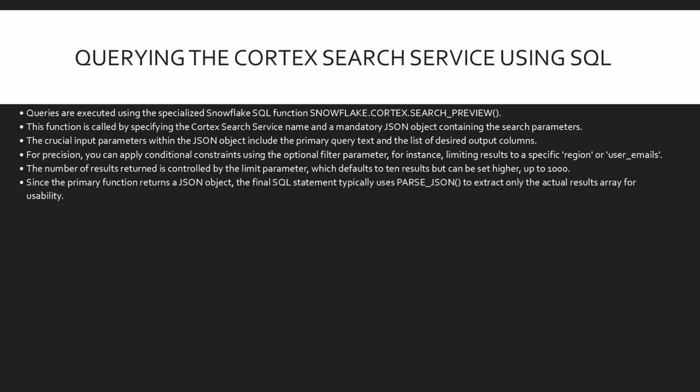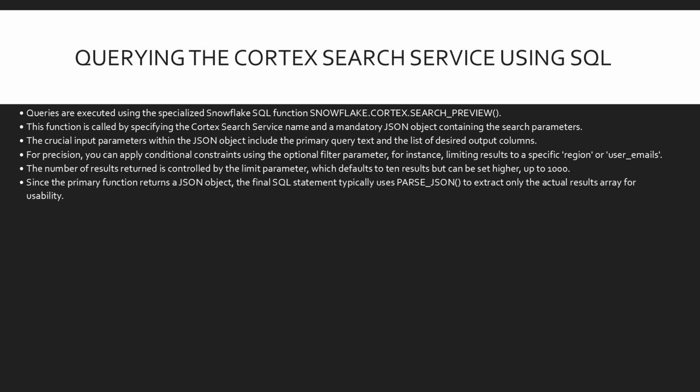Furthermore, managing the scale and ensuring resource efficiency of the returned dataset is achieved by leveraging the limit parameter, which dictates the maximum number of result entries to be returned, noting that this parameter defaults to 10 results but can be expanded to a maximum threshold of 1000 results if required.